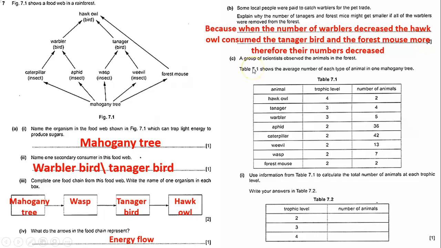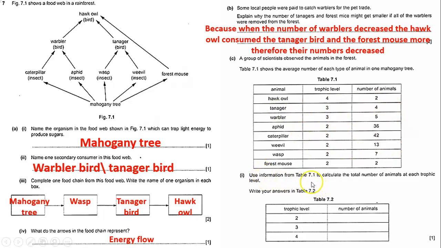A group of scientists observed the animals in the forest. Table 7.1 shows the average number of each type of animal in one mahogany tree. What are these numbers? These are the trophic levels, and this is the number of the animal in this specific animal and its trophic level, as you can see in the table.